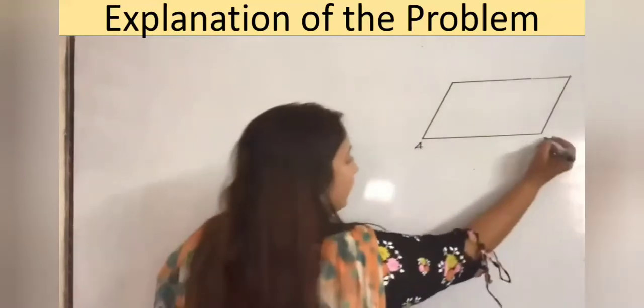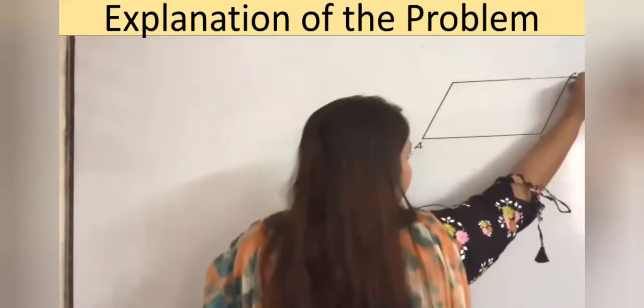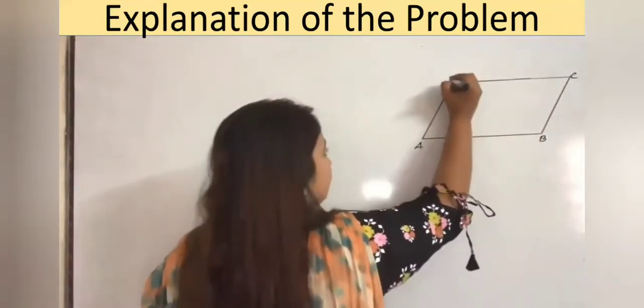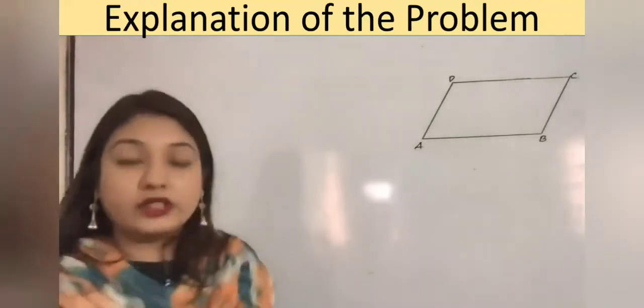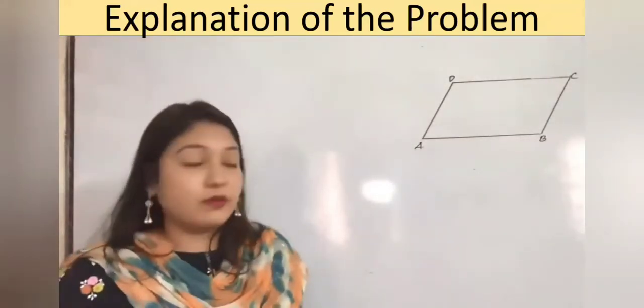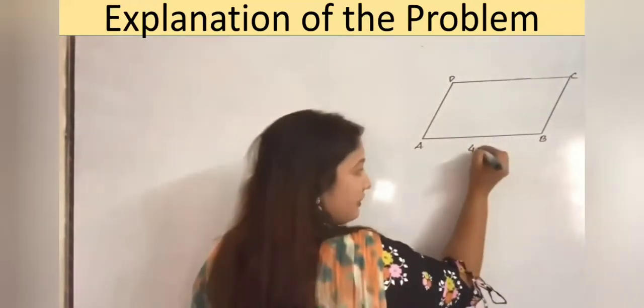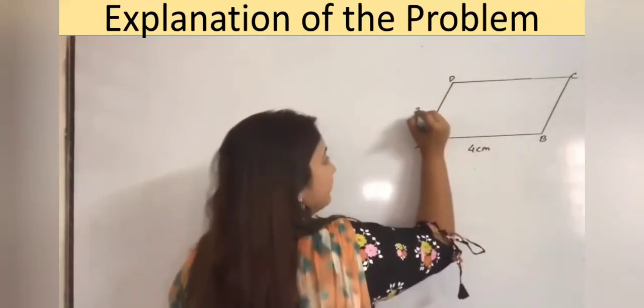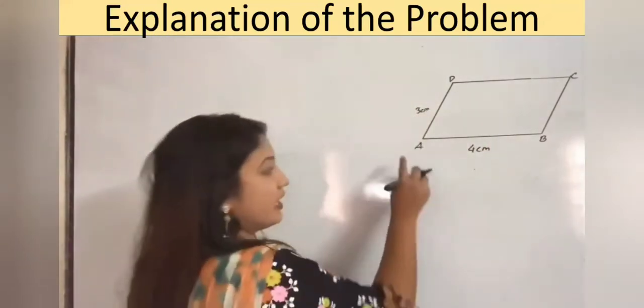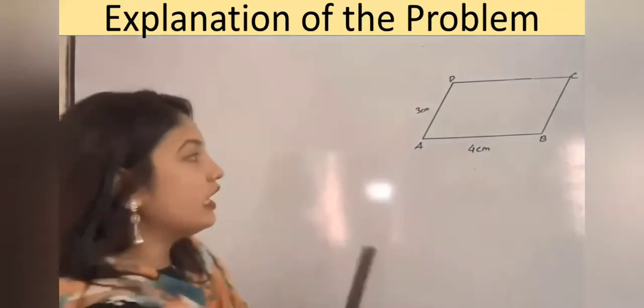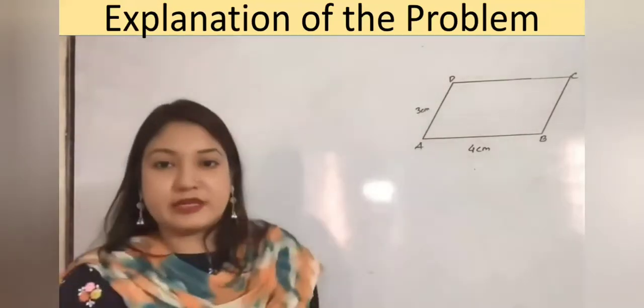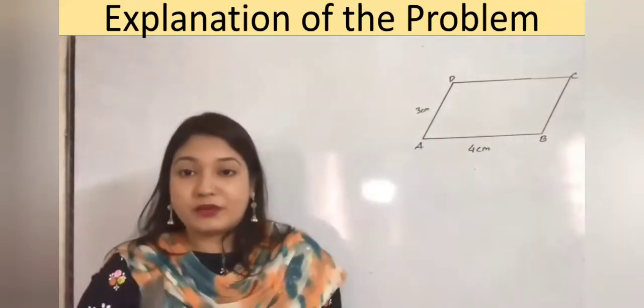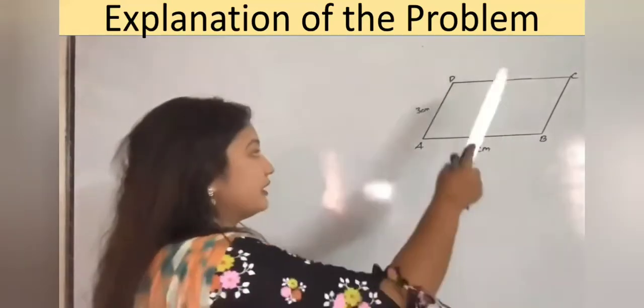This one as A, this one as B, this C, and so in the question it is saying to assume one side as 4 centimeter and another as 3 centimeter. So I am assuming AB as 4 centimeter and AD as 3 centimeter. Now we have to measure the pair of opposite sides also.